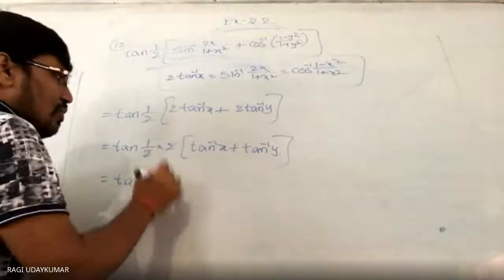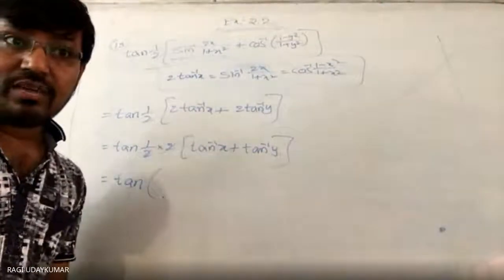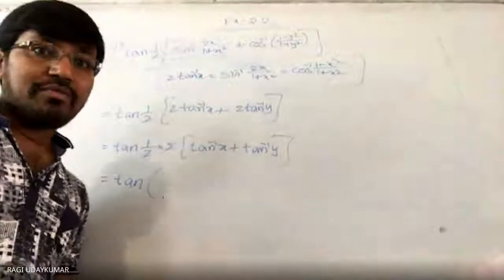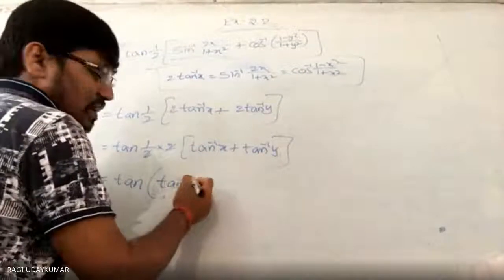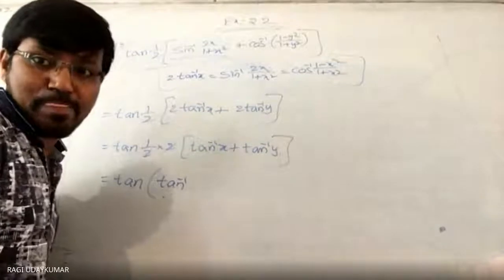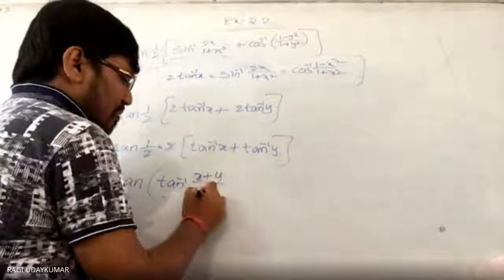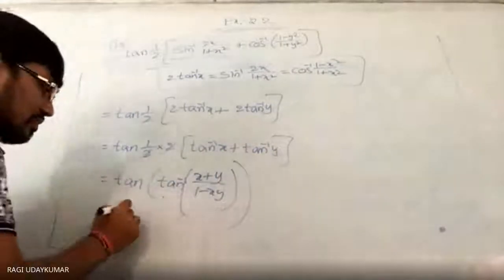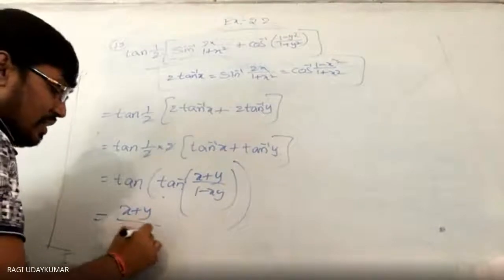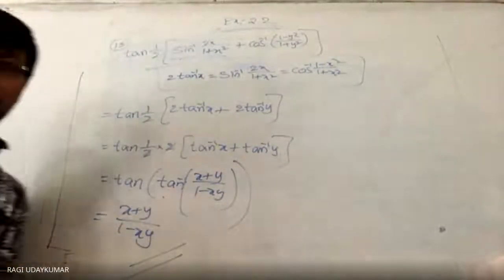Tan of tan inverse x plus tan inverse y. Write it in the form of a single tan inverse using the formula: tan inverse of x plus y by 1 minus xy. So tan of tan inverse gives x plus y by 1 minus xy. That is the simplification.